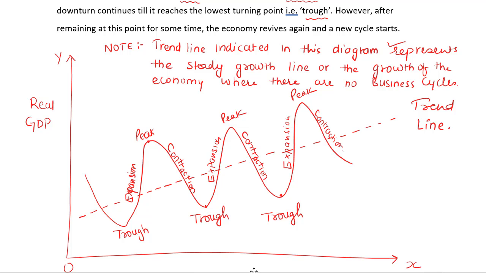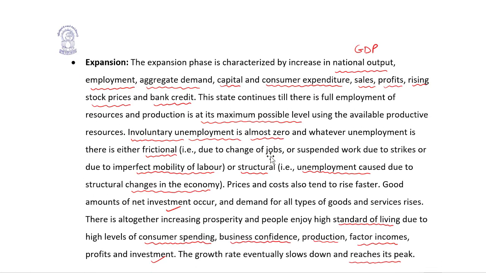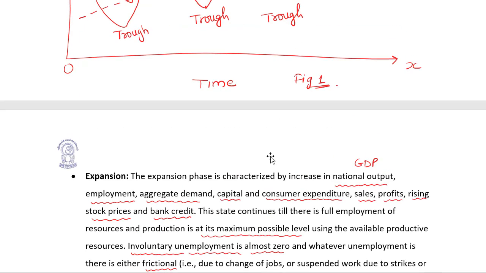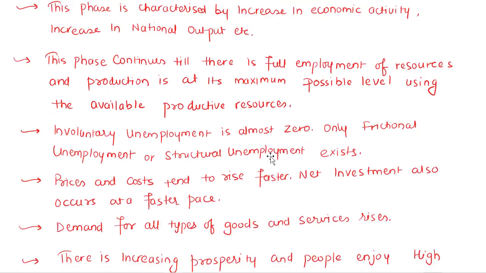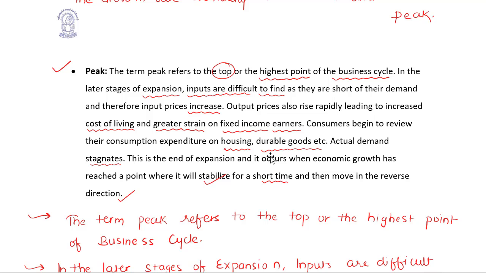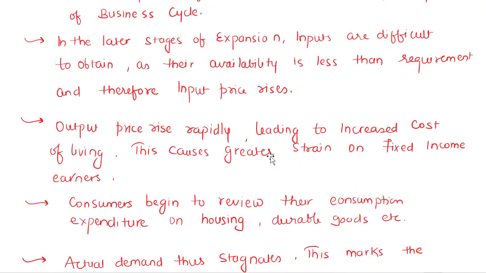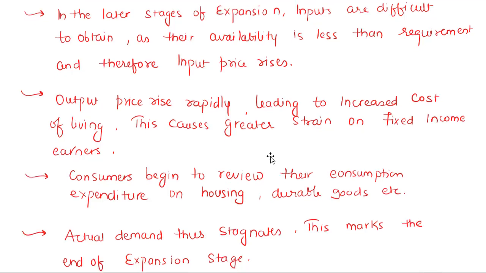There is a note we have written over here: the trend line in the diagram represents the steady growth line of the economy where there are business cycles. We have seen the first phase, expansion, and taken the notes in detail. Then the second phase, the peak phase, the most important phase.